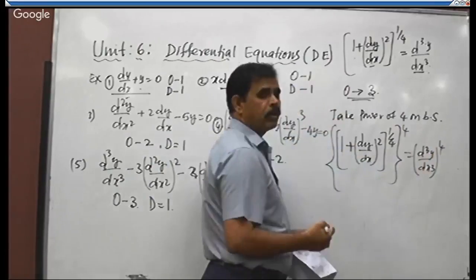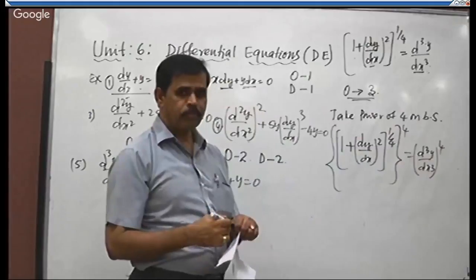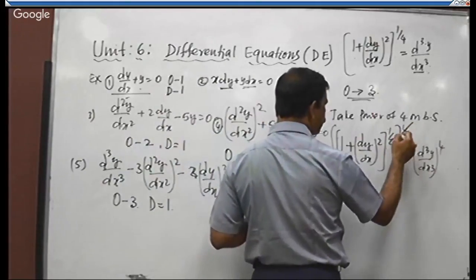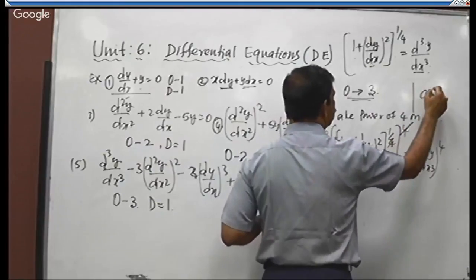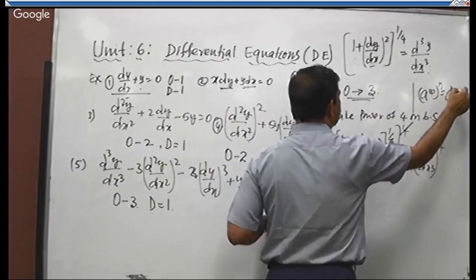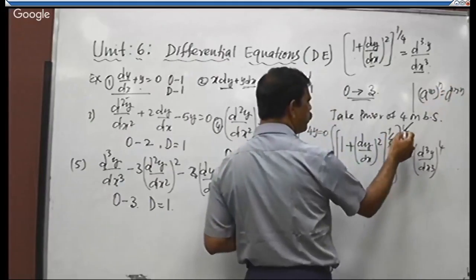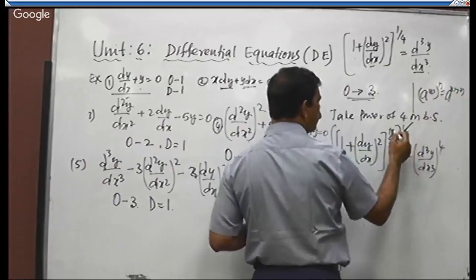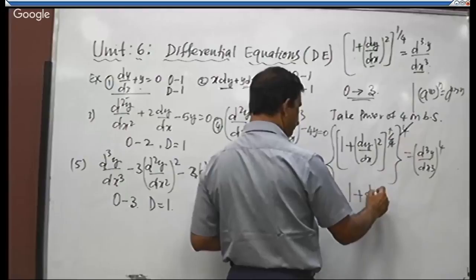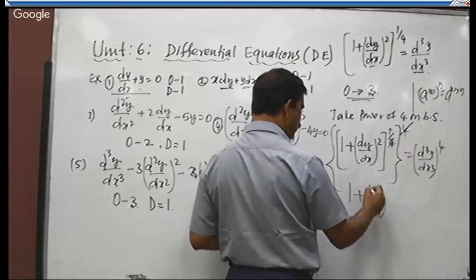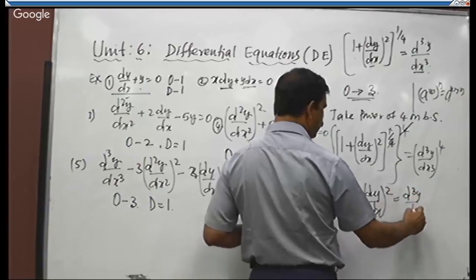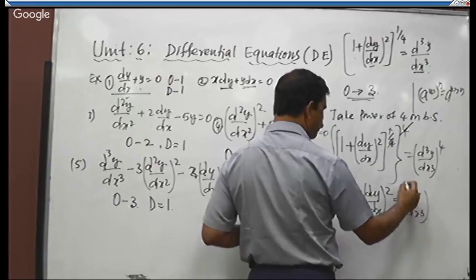I have taken power 4 on both sides. Now this 1 by 4 and this 4 get cancelled. How? A to the power of m to the power of n is equal to a to the power of m into n. If I multiply 1 by 4 into 4, they get cancelled. What is remaining? 1 plus dy by dx to the power of 2 is equal to d cube y divided by dx cube whole to the power of 4.